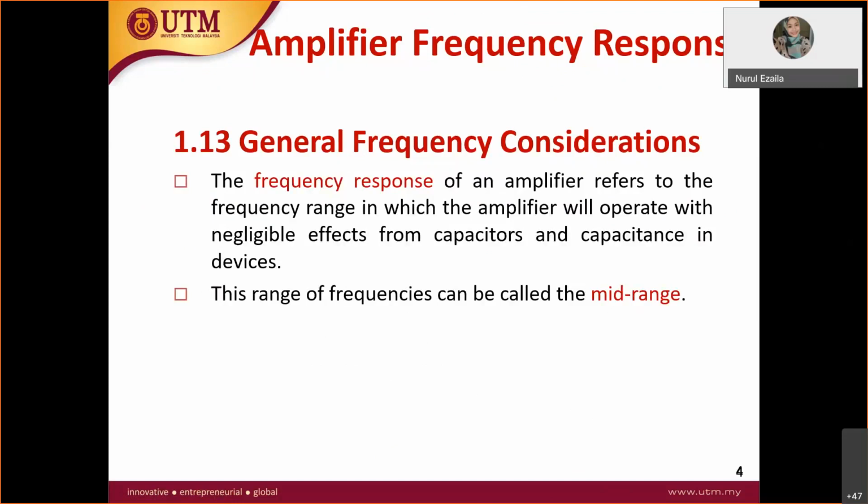Okay, we have all the capacitors. So this range of frequencies is the mid-range. We have done that. When you have your cut-off frequency, the frequency response looks like this.